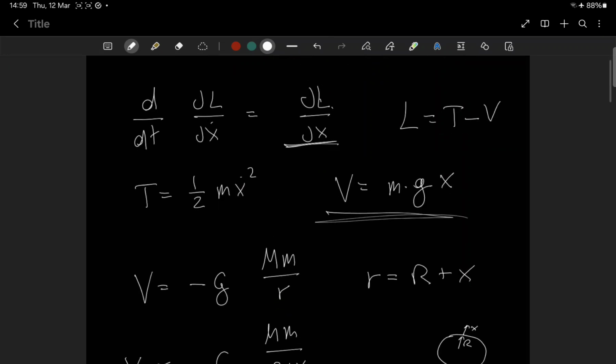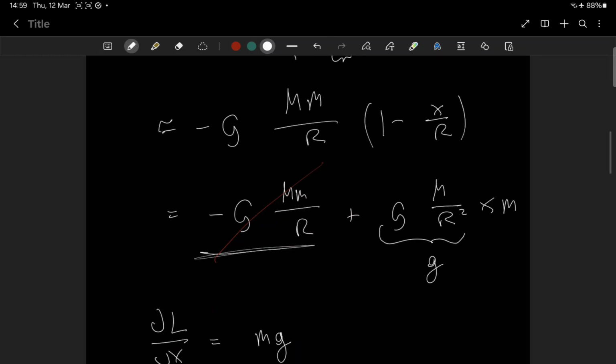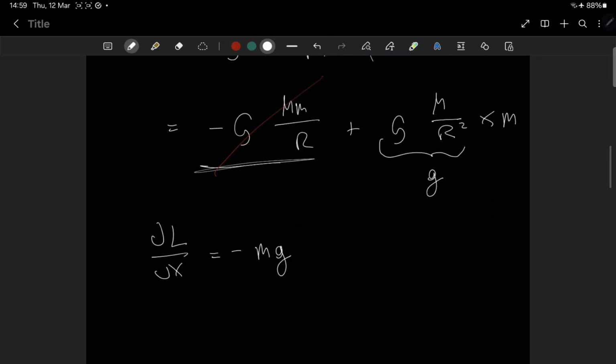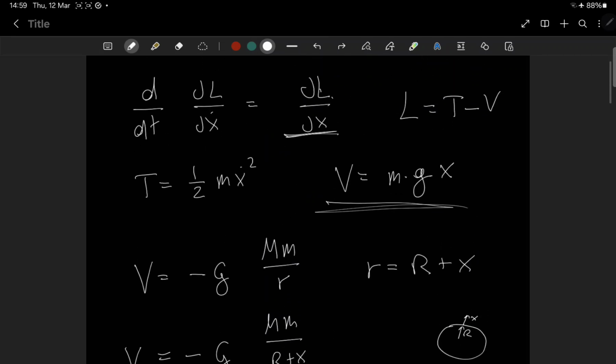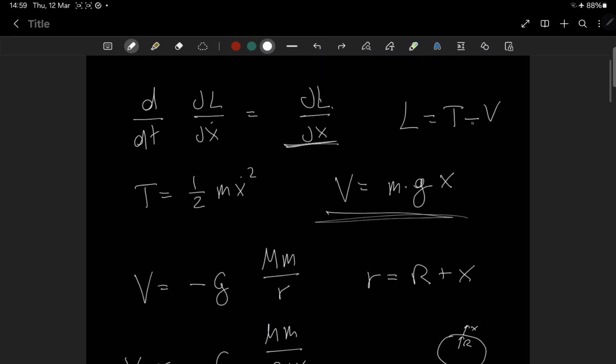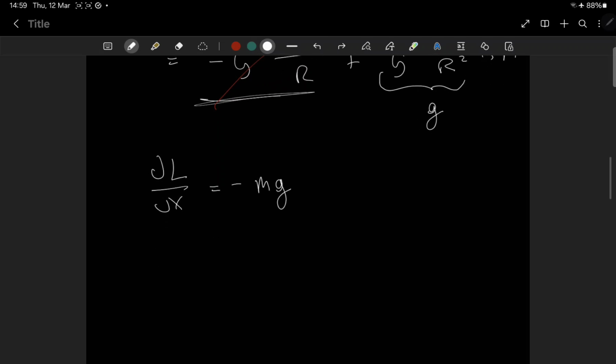Actually, you get a minus, because this expression here is the potential, and the Lagrangian is minus the potential. So you pick up a minus sign.